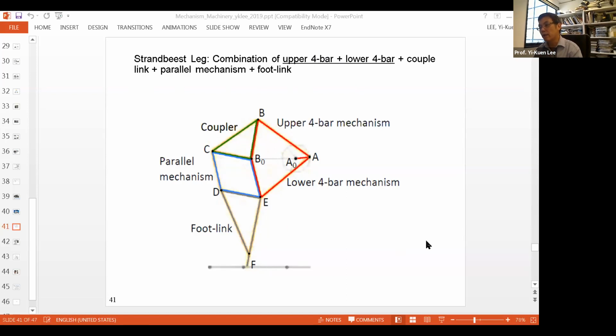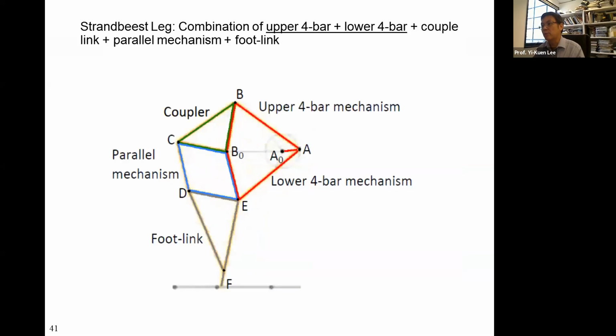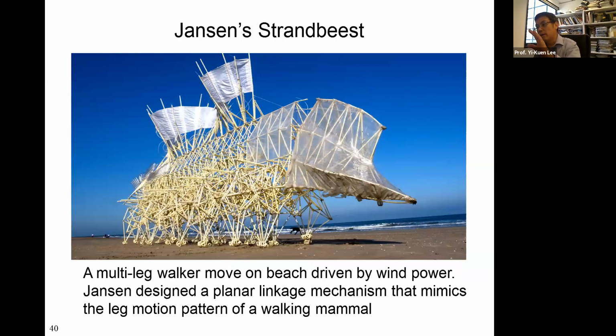If you don't have this kind of fundamental understanding about mechanism, you may take a long time to make this kind of robot. This artist, Jansen, is not an engineer, so that's why it took a long time for him to make this working robot.